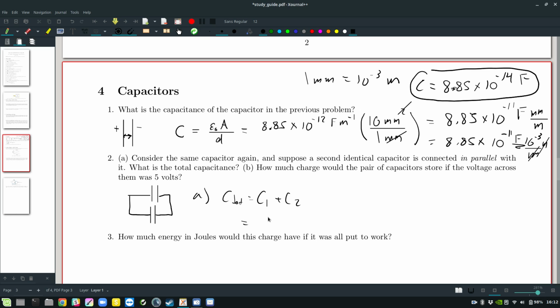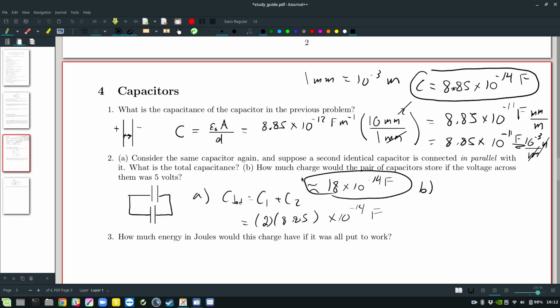And so that would be 2 times 8.85 times 10 to the minus 14 farads. If I round 8.85 to like 9, 2 times 9 is 18. So this is about 18 times 10 to the negative 14 farads.